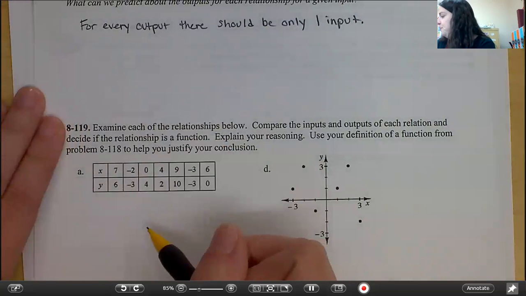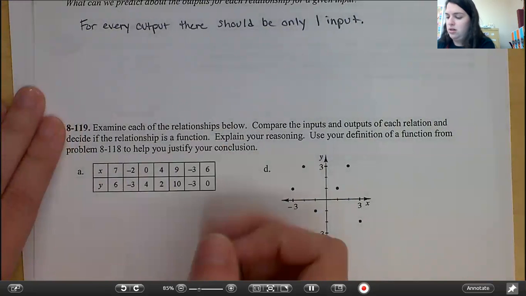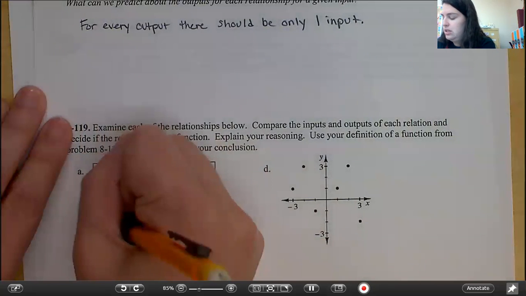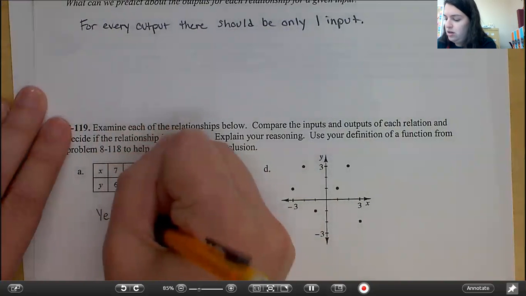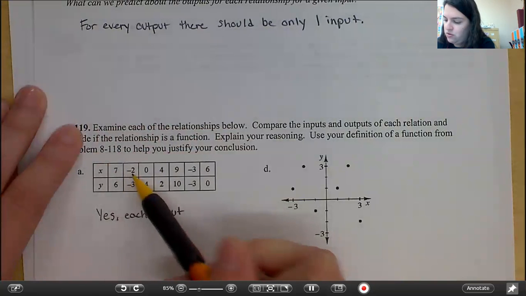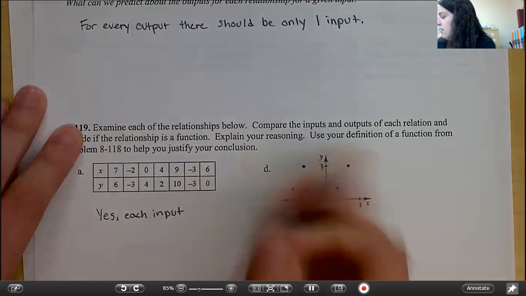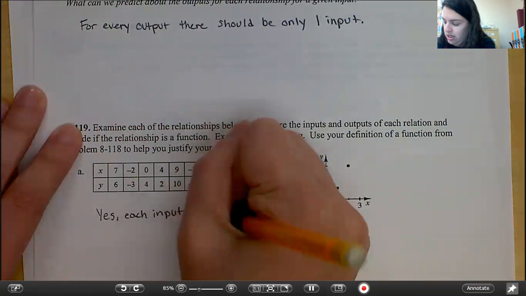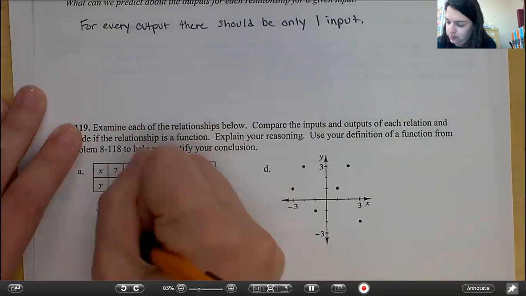So A, we're going to do the first one together. So this is yes, because each input, remember, each input, 7, -2, 0, 4, 9, -3, 6, has only one output.